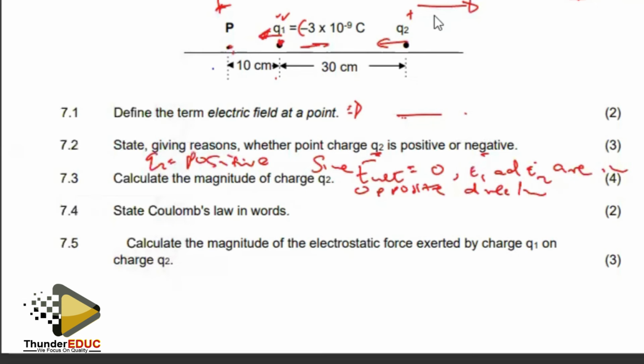Then I want us to calculate the value of Q2. So we have to use the electric field. So remember we said E is KQ over R squared. Okay.